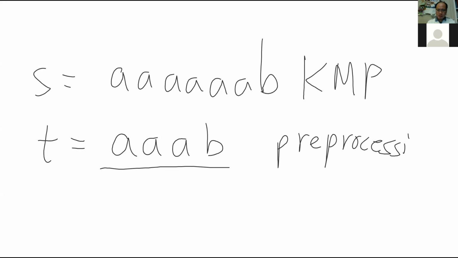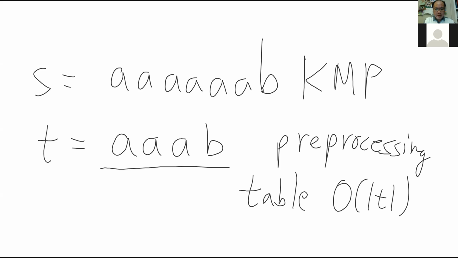It builds some table, let's just call it a table, in linear time, linear in the length of the pattern. Then every time you want to search for T in any S, you can just use this table.